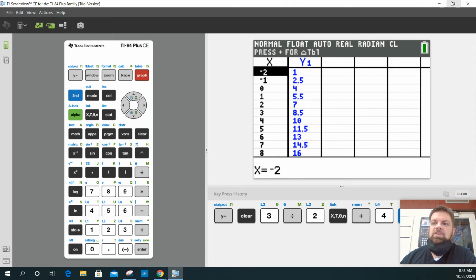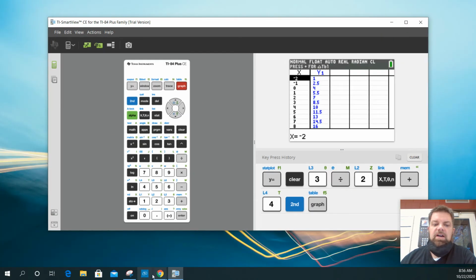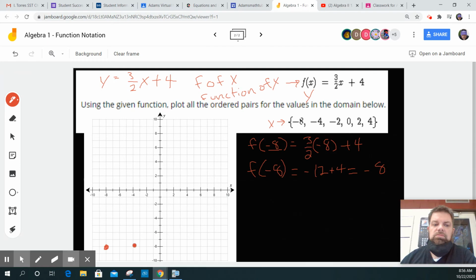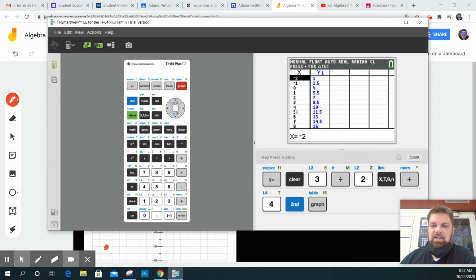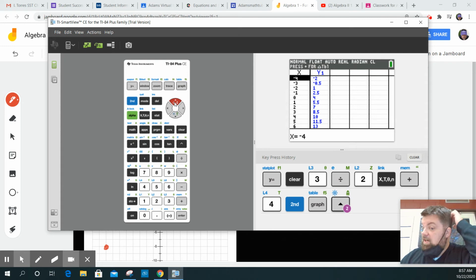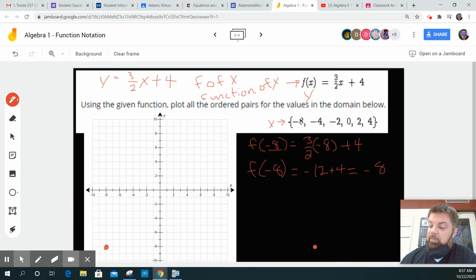Now, if I hit second graph, then I get my table of values. And so what I'm going to do now is figure out what's the value when x equals -4. Well, when x equals -4, my y value equals -2. In other words, f of -4 is equal to -2.